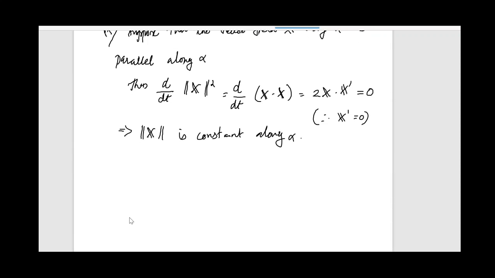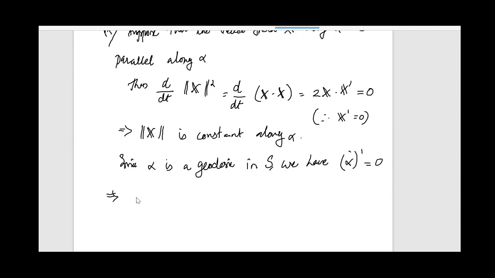Now, given that alpha is a geodesic in S, we have alpha double dot equal to 0 tangentially, which implies alpha dot is parallel along alpha.